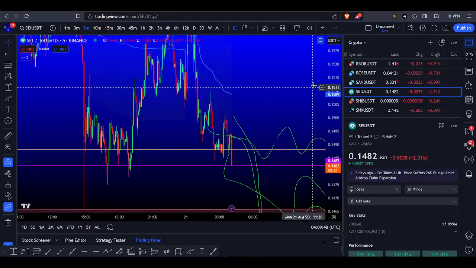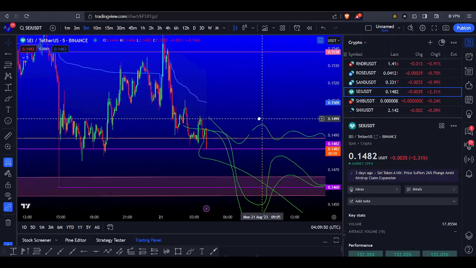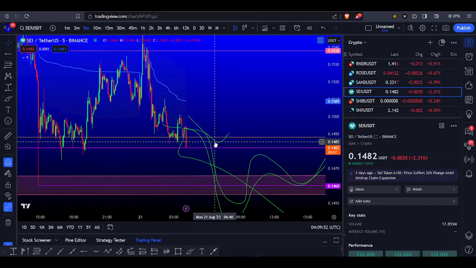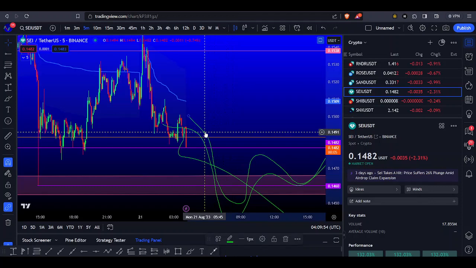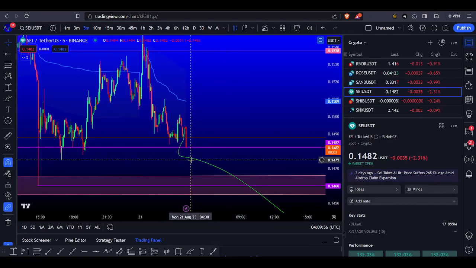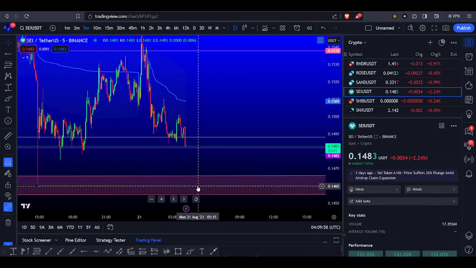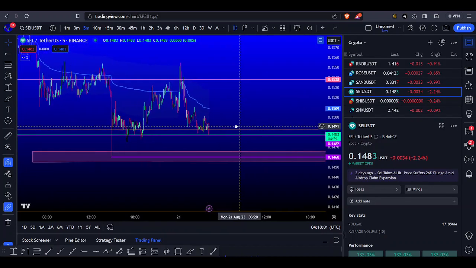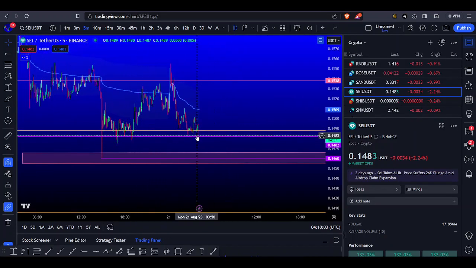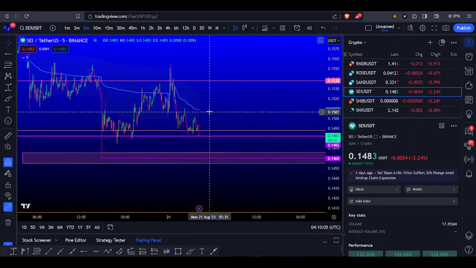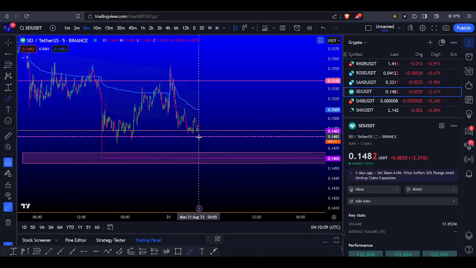How much is it going to tank? We don't know, but it is clearly selling off a bit. So let's go ahead and see how far down this will go. It looks like it is targeting this area, which I pointed out before. I don't think this is going to hold based on what we're seeing here with the rest of the market, but if it does sell off, we know exactly what to do.